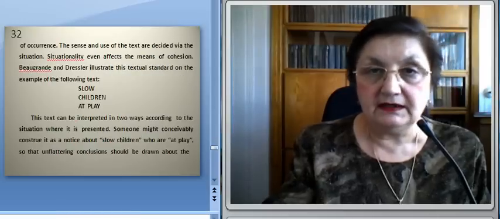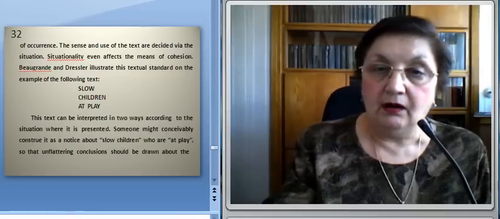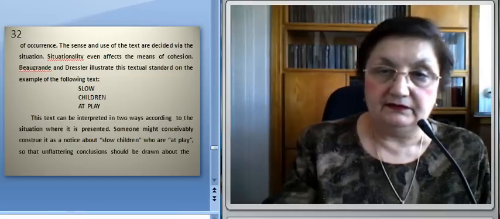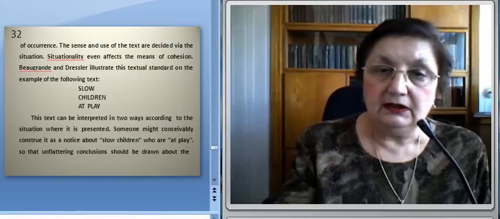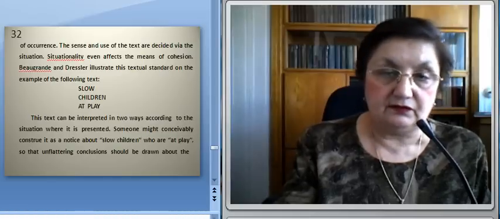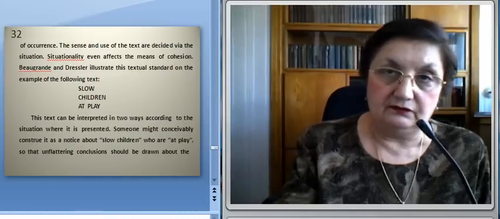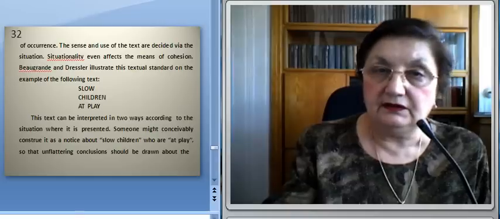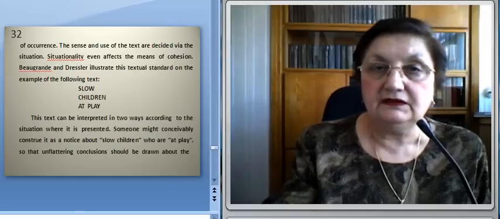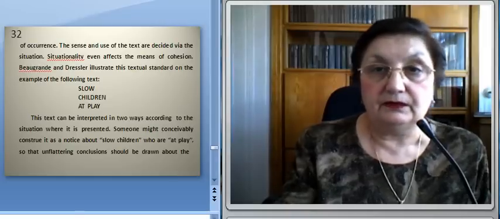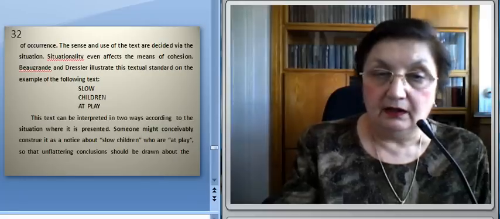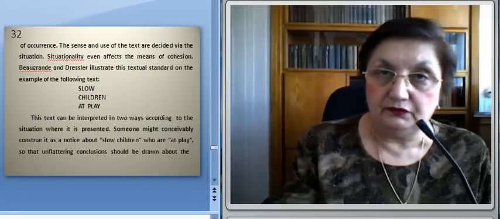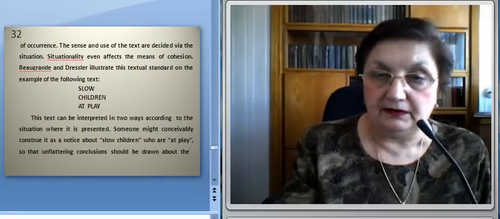This text can be interpreted in two ways according to the situation where it's presented. Someone might conceivably construe it as a notice about slow children who are at play, so that unflattering conclusions should be drawn about the children's intelligence or physical fitness.